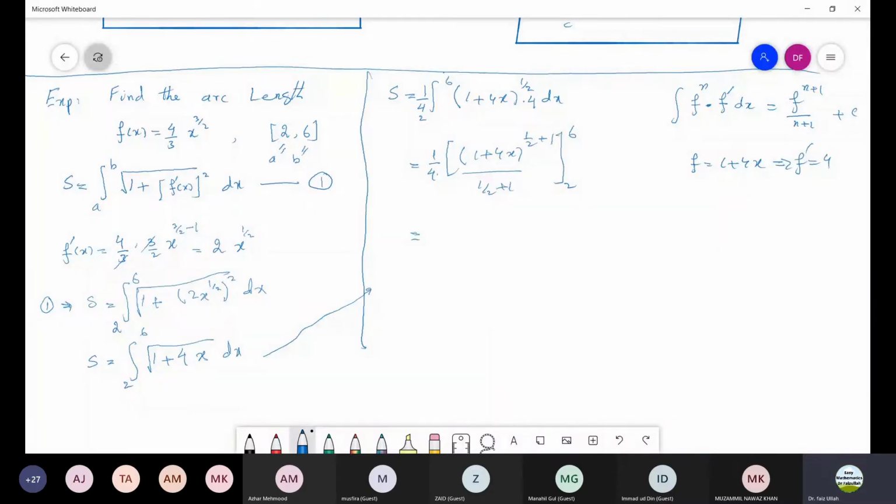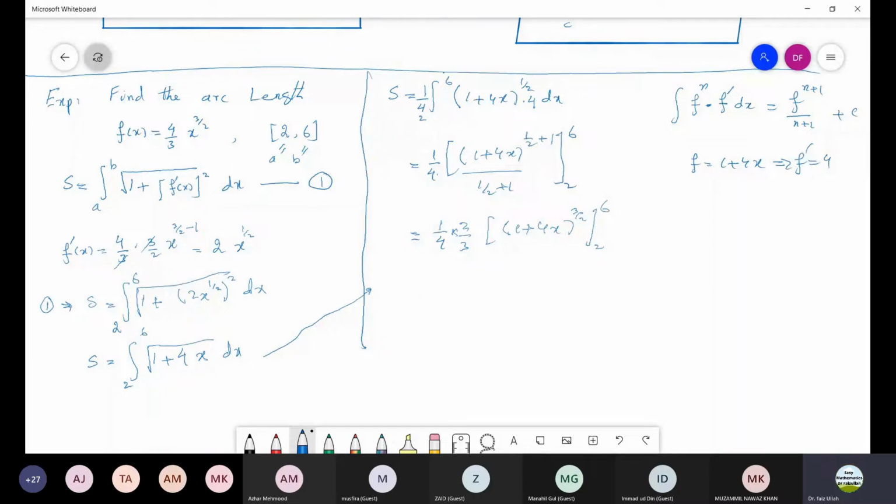So we have 1 over 4, and 1 over 2 plus 1 gives us 3 by 2. If I take it up, it will reverse, so I can write 2 by 3. The function is as it is, 1 plus 4x, and the power here is again 3 by 2, because 1 over 2 plus 1 is 3 by 2. The limits are from 2 to 6.